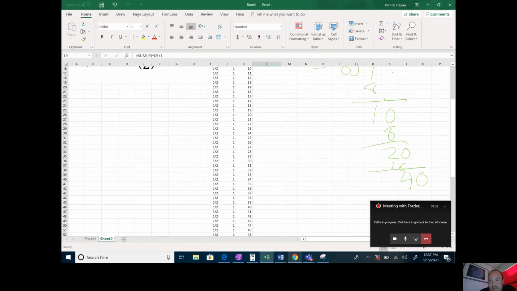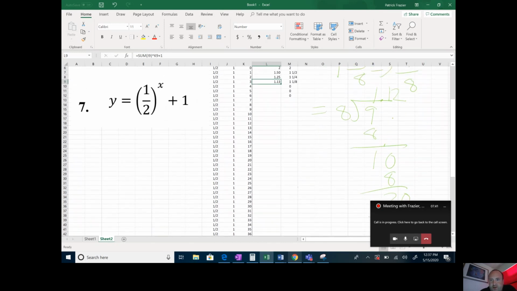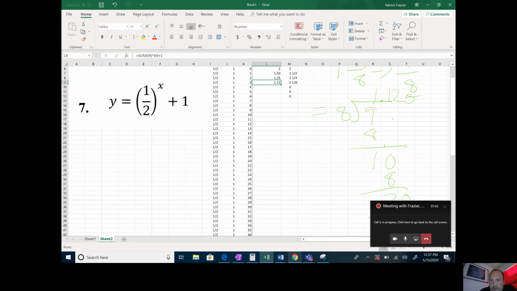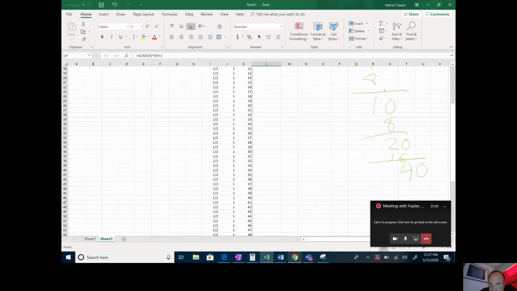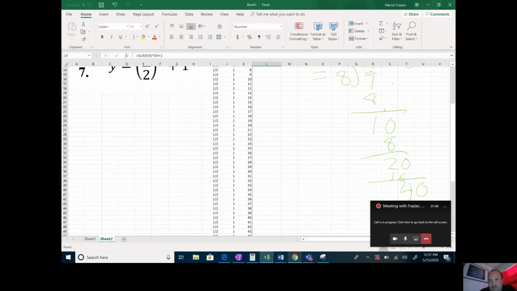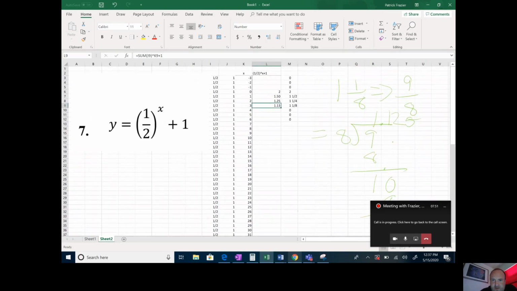I think most of us know that 8 times 5 is 40. And then we're done. That's a terminating decimal. So it should be 1.125. And again, if I adjust this so that it's not rounding, we get 1.125 or 1 1/8.